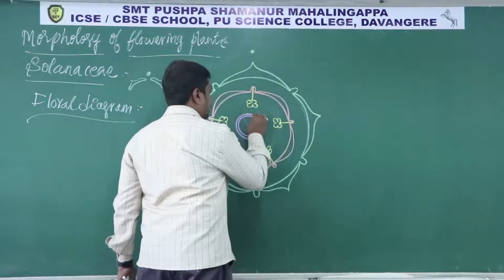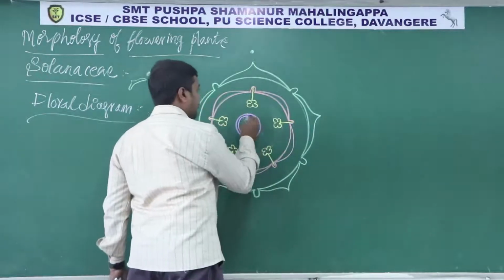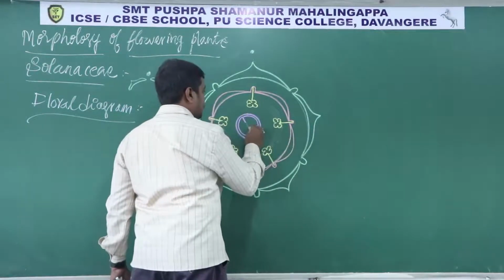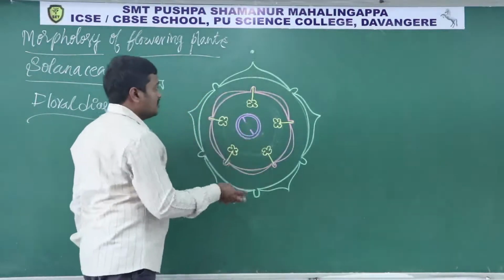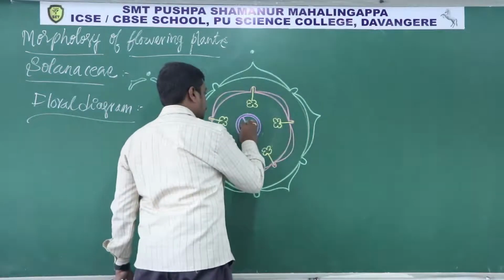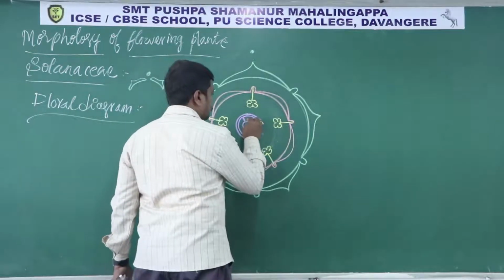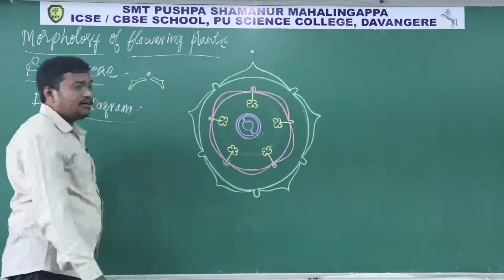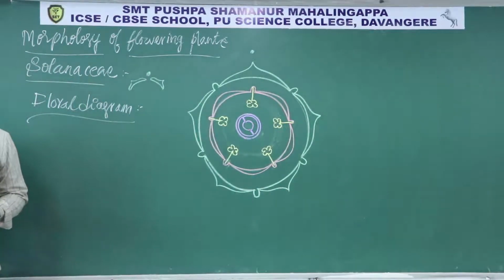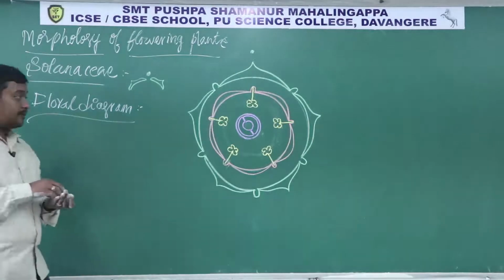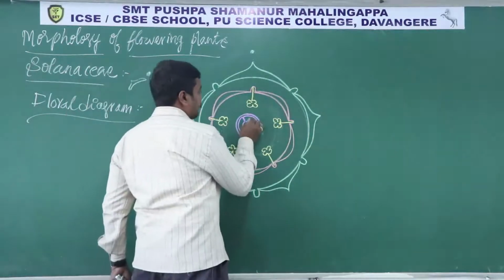So this is a bicarpellary syncarpous ovary, and the center is swollen. So this is the swollen placenta, where you can write the ovules.